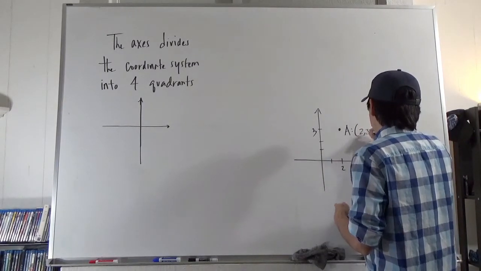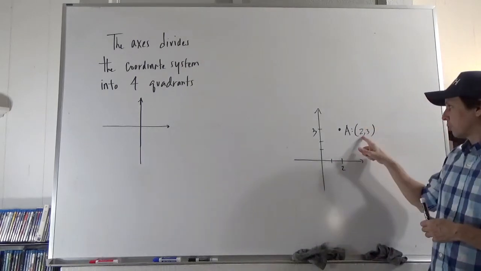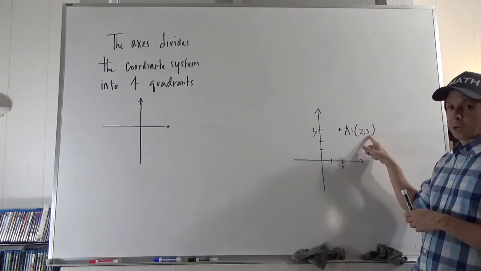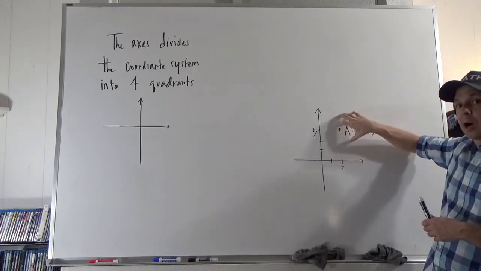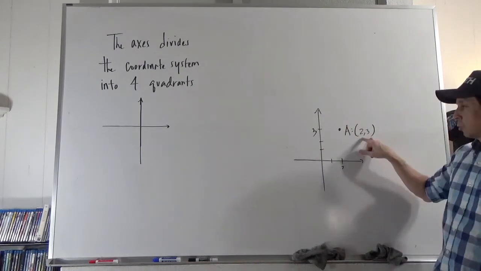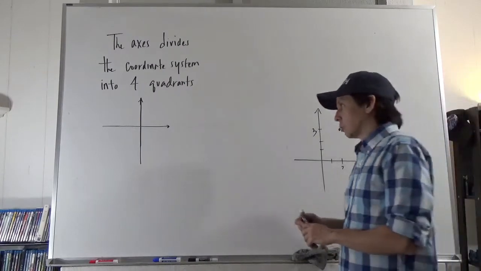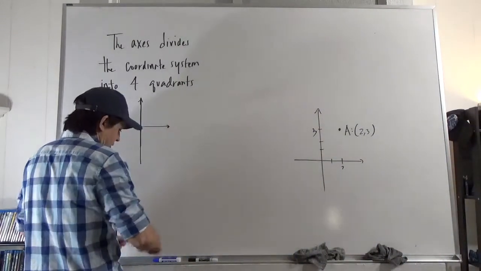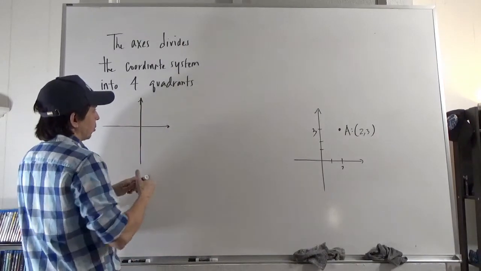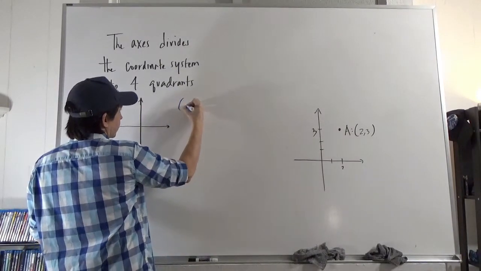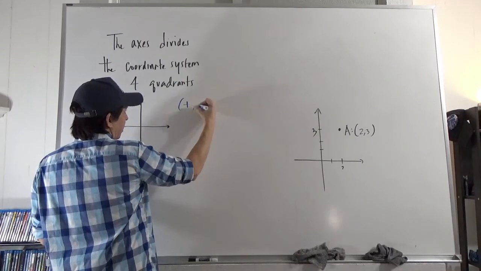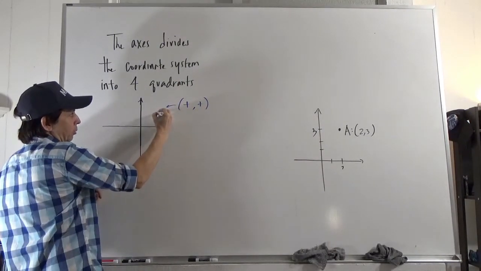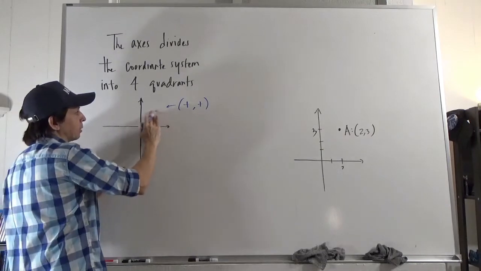So this was the A we just did. It had a positive 2 x-coordinate, so it went out to the right. A positive 3 y-coordinate, so it went up, and it ended up in this upper right section. 2 positive coordinates. So that quadrant, with a positive x and y coordinate, would be a point right here or somewhere in there. That's quadrant 1.